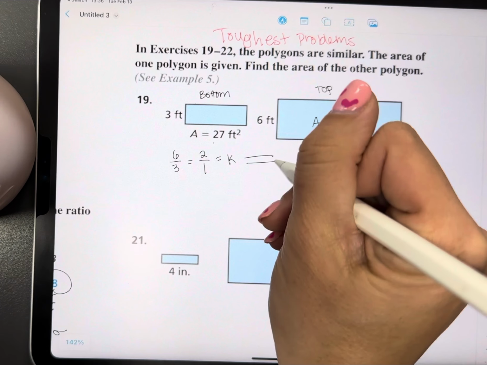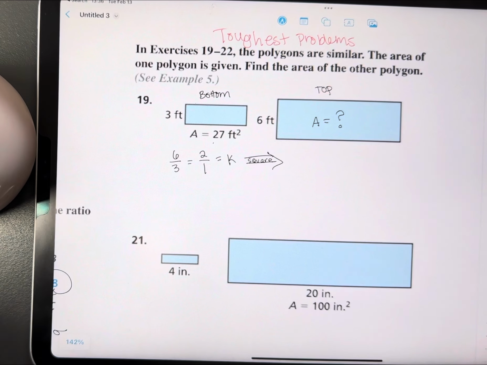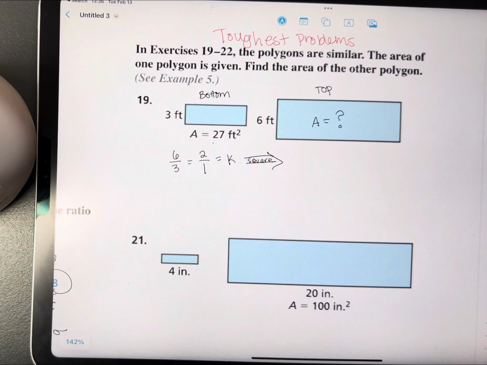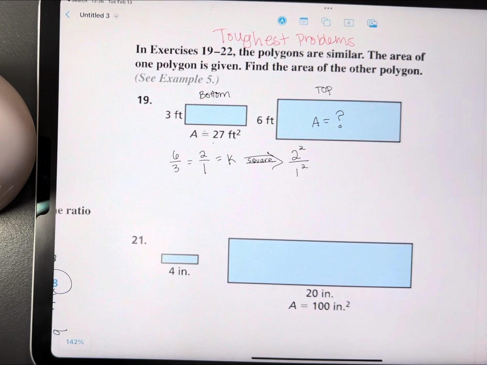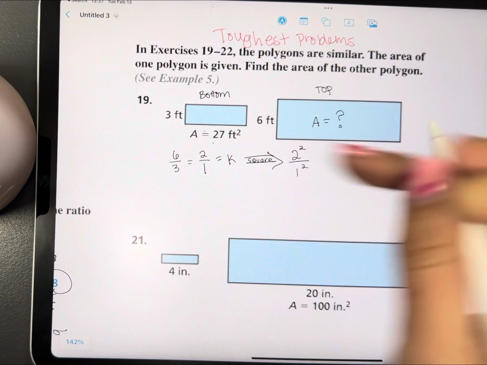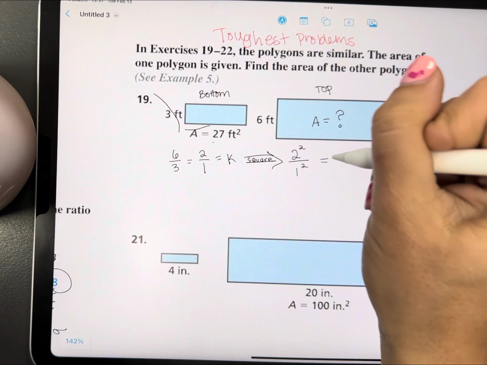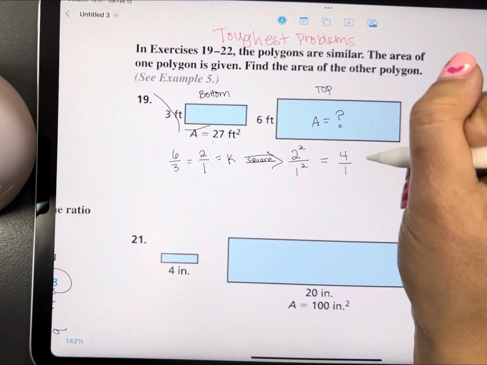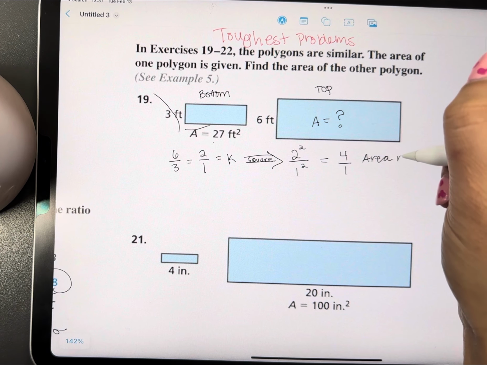My scale factor needs to go through a squaring process to turn into an area, whatever. 4 over 1 is an area ratio.